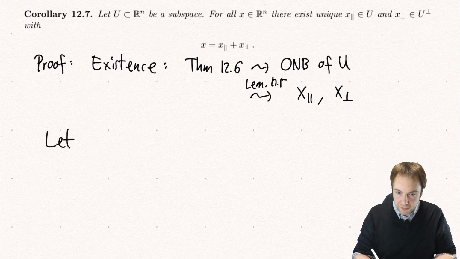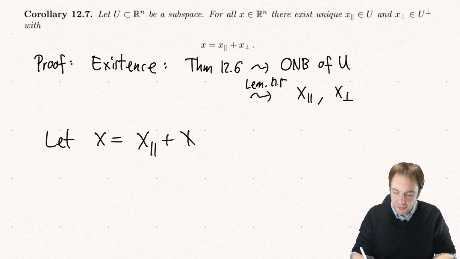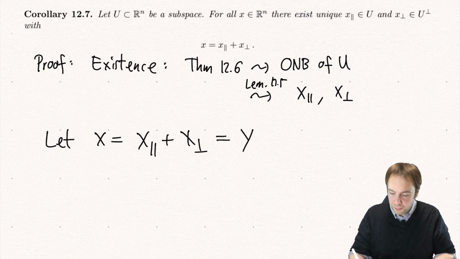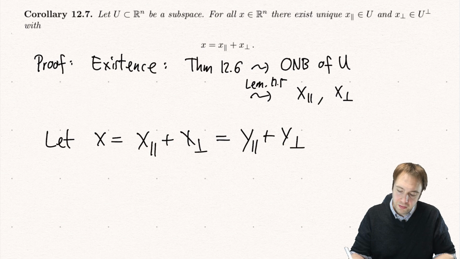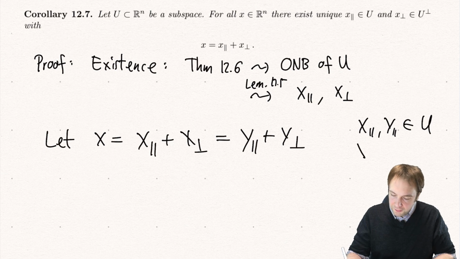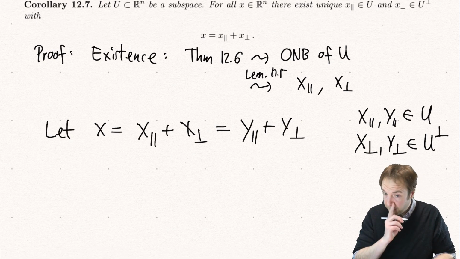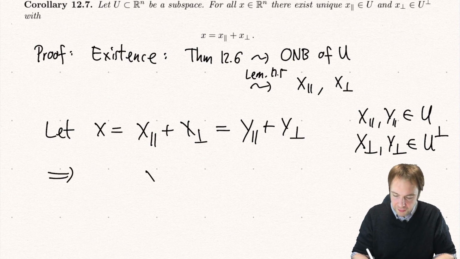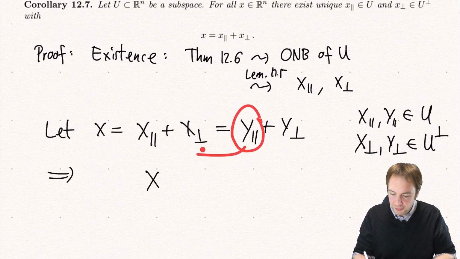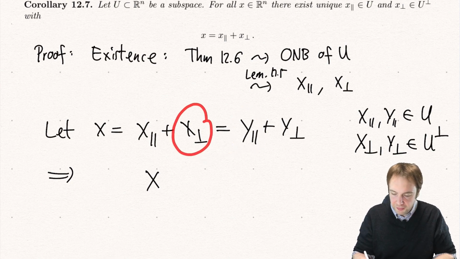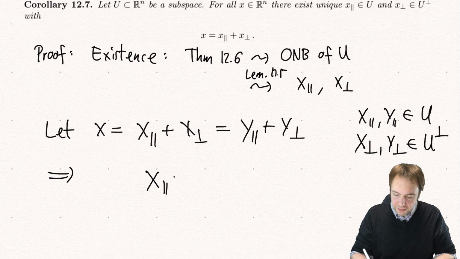So let's assume we can write x as x parallel plus x orthogonal, or we can also write it as y parallel plus y orthogonal, where these parallel things are in U and these orthogonal parts are in U orthogonal. And then if I subtract y parallel here, and I subtract this from there, then I see that this here is the same.